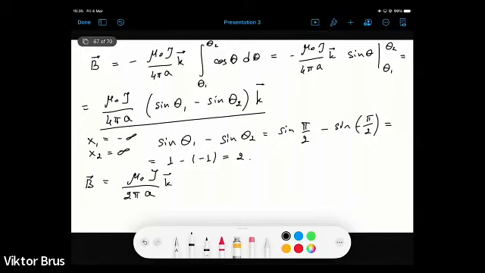By the way, here we should still have a unit vector since it's in the vector form.